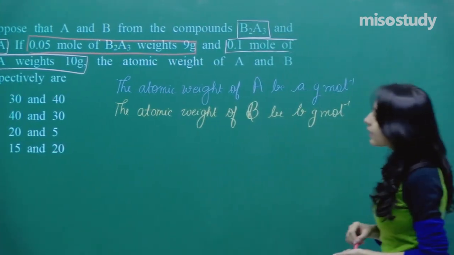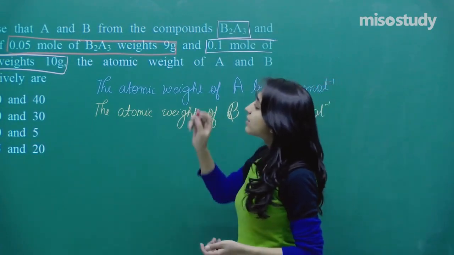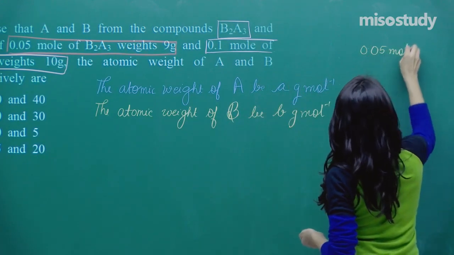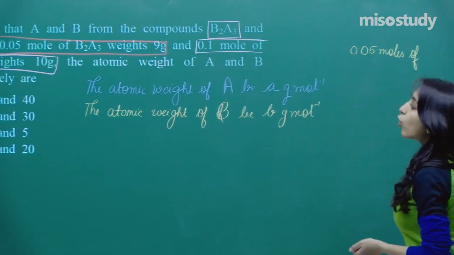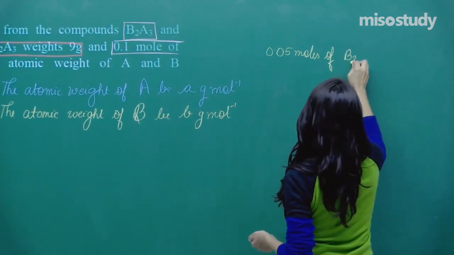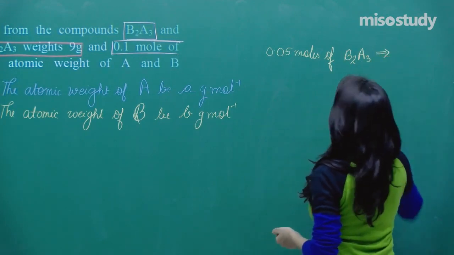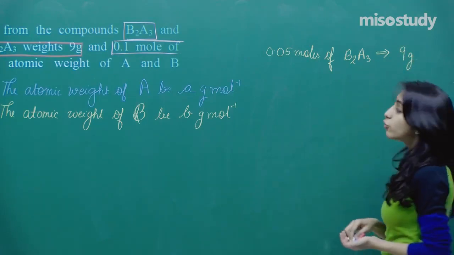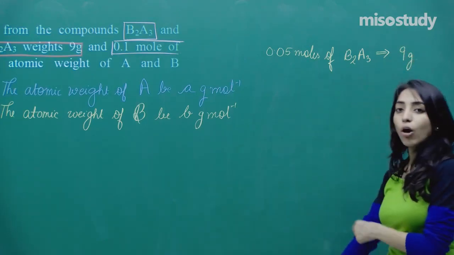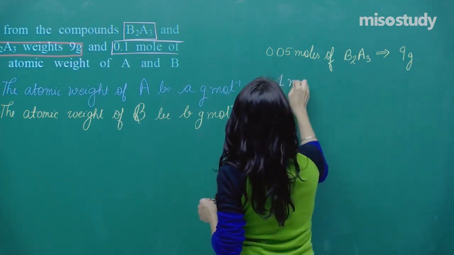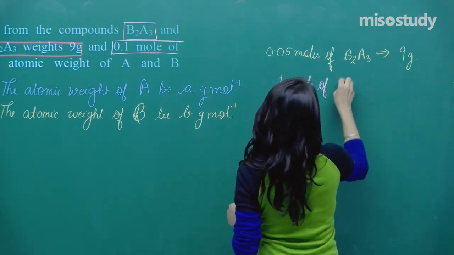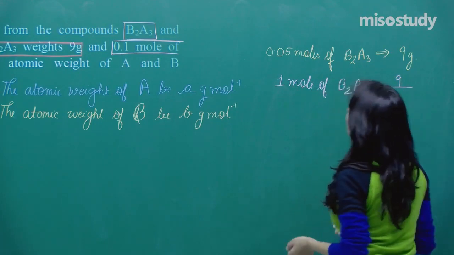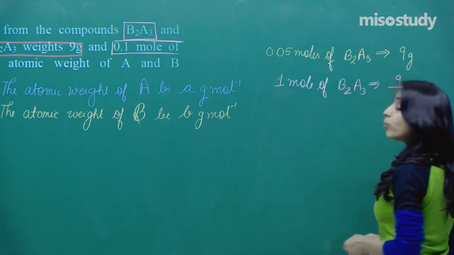Okay. Now he is saying that 0.05 moles of B2A3 weighs 9 grams. So simply find out the mass of 1 mole of B2A3. So 1 mole of B2A3 will be 9 divided by 5 divided by 100.